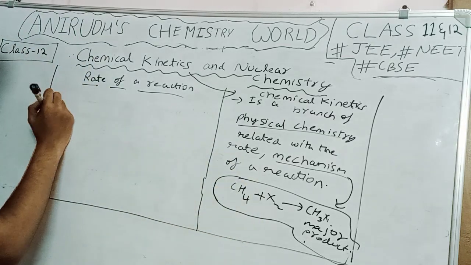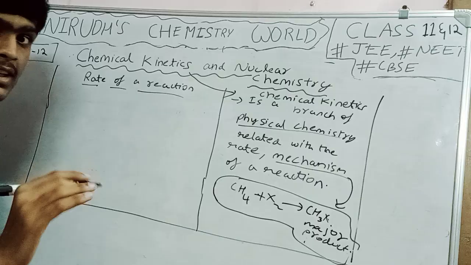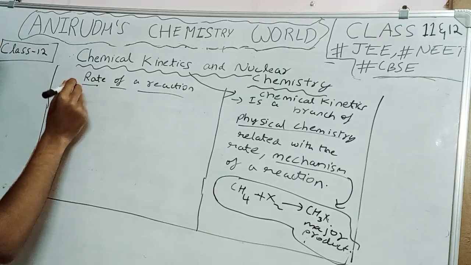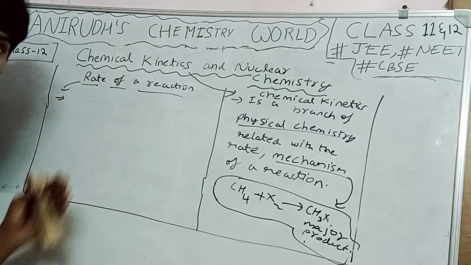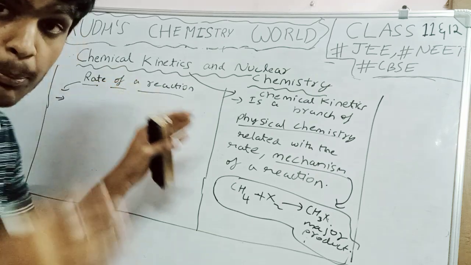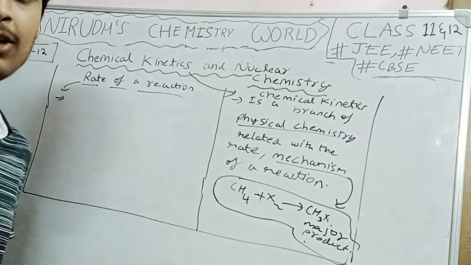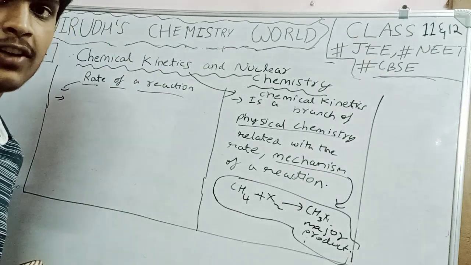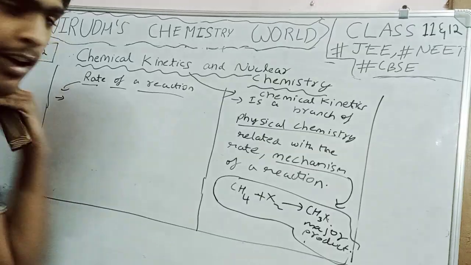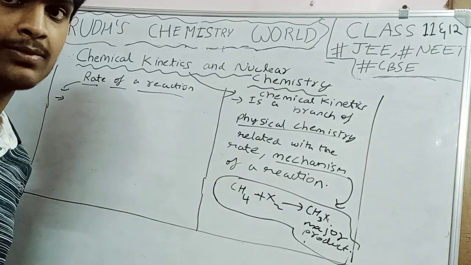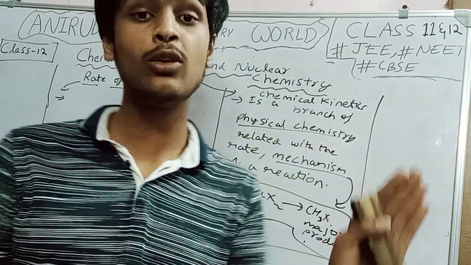Now we'll see another definition for rate of reaction. From the point of view of chemical kinetics, rate of reaction is the speed at which the reaction is performed. That is a basic definition for your understanding.